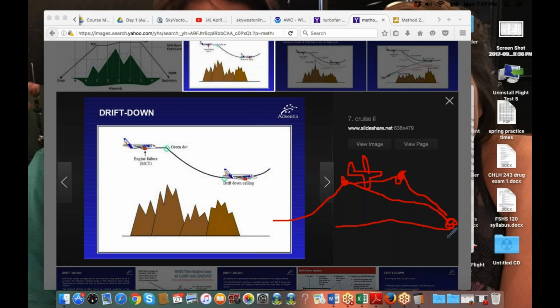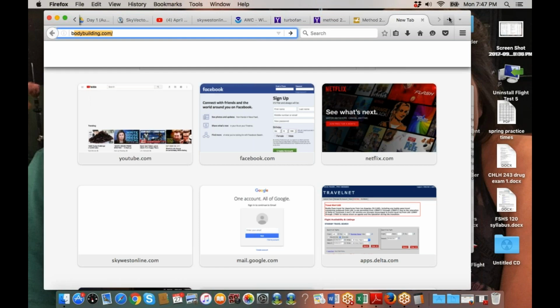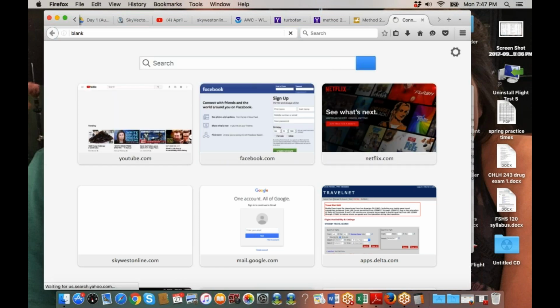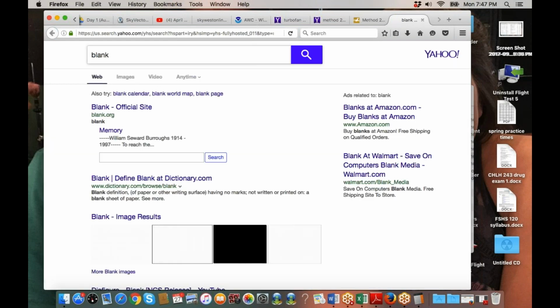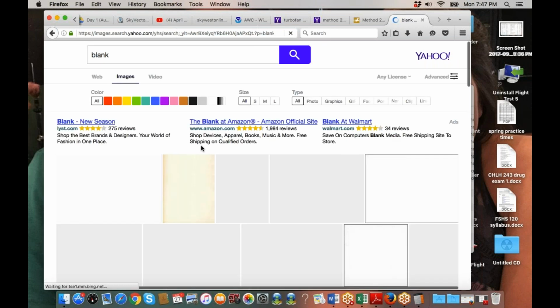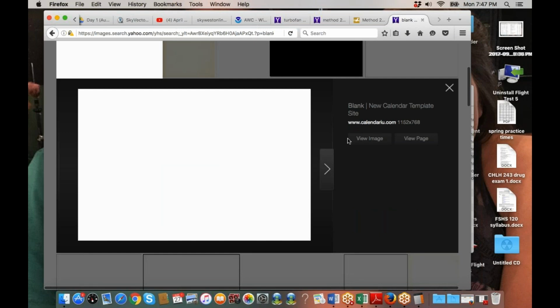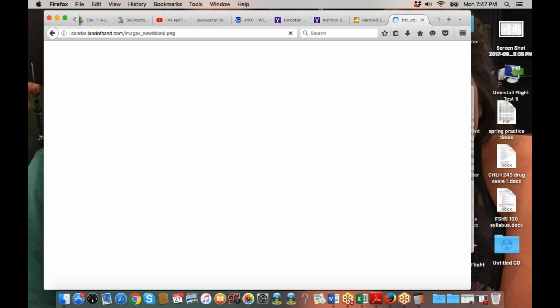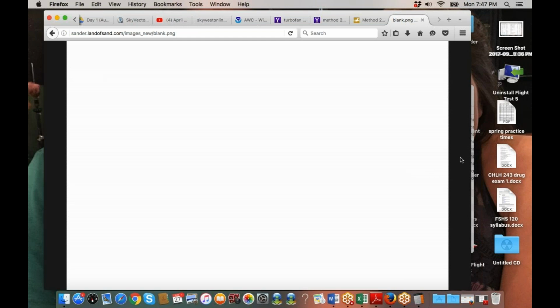Method 2 means that at some point, I might just hit a blank screen. Okay, here we go.